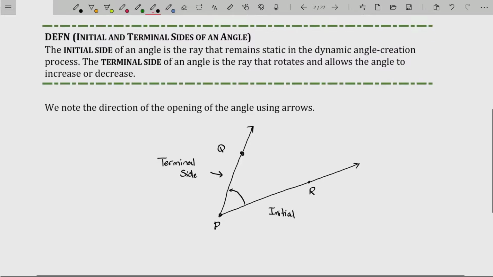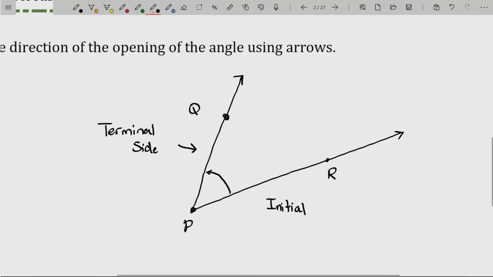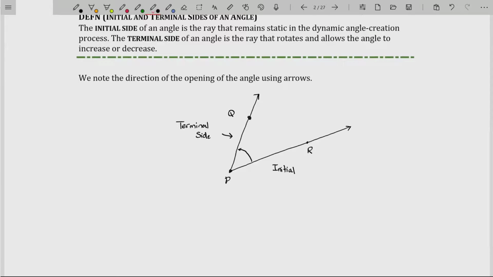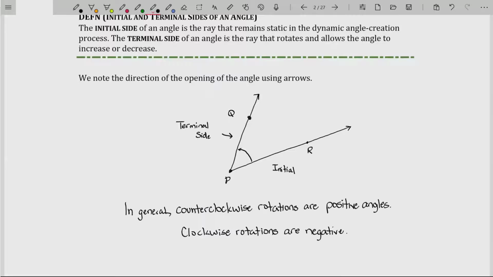I suppose I could let the cat out of the bag a little bit and just tell you that counterclockwise rotations are positive angles. Clockwise rotations, they're negative. And this is by convention. You cannot change this because then we'd have to change a lot of mathematics to fit your wanting a clockwise rotation to be positive. That can't happen because the rest of the world would disagree with you.